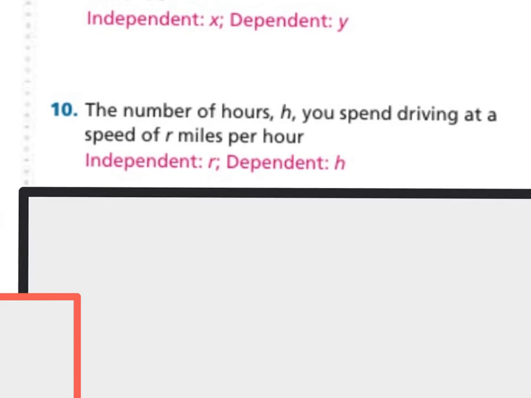In other words, how long it takes you. Let's say you have a goal in mind of where you're going to drive. So how long it takes you to get there depends on what your speed is. So the time you spend depends on it, and this is actually an exception.